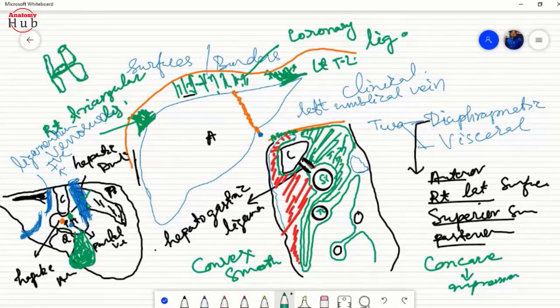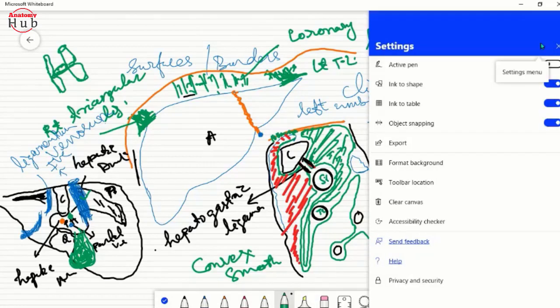Bare area means the area of the liver which is not covered by the peritoneum, right? After this, we'll see the visceral surface. Clear. Now we'll go to the impressions of the surfaces.